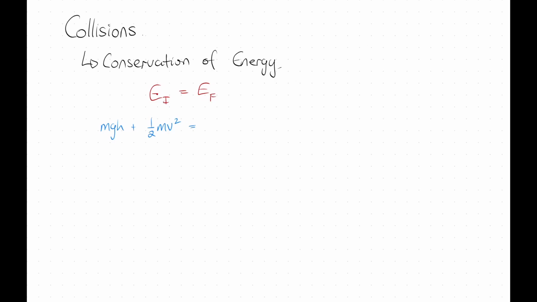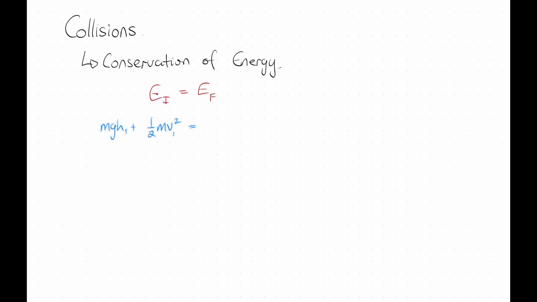We had the idea of conservation of energy, right? So conservation of energy says that the energy initially is going to be equal to our energy finally, which generally we take as being our potential energy, mgh, plus our kinetic energy, half mv squared, is going to be equal to its final one.